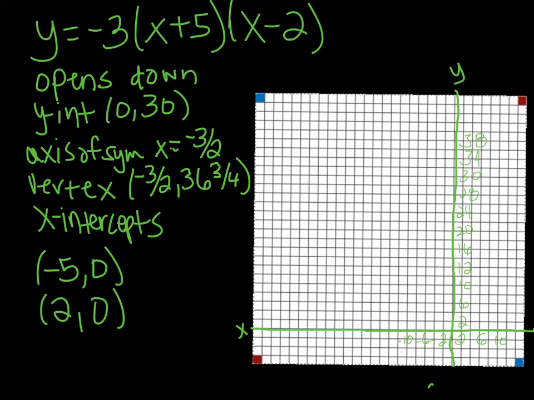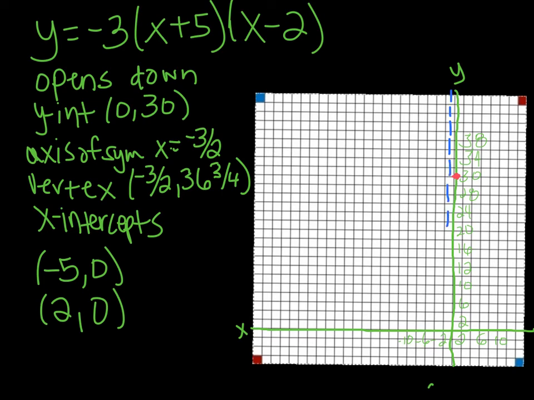So let's go ahead and plot these points on the graph. Let's start with my y-intercept, which was at 0, 30. So I'm going to go ahead and put a point right here at 0, 30. Then I'm going to look at my axis of symmetry, which was at negative 3/2, which is kind of right up against this 2 line, not quite on it.